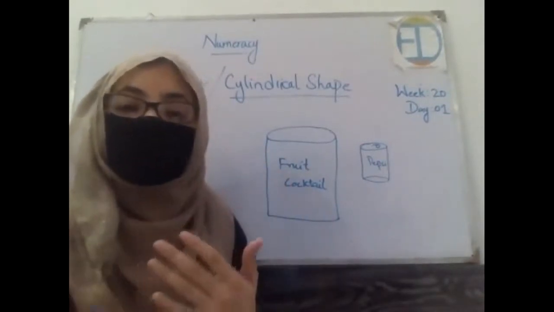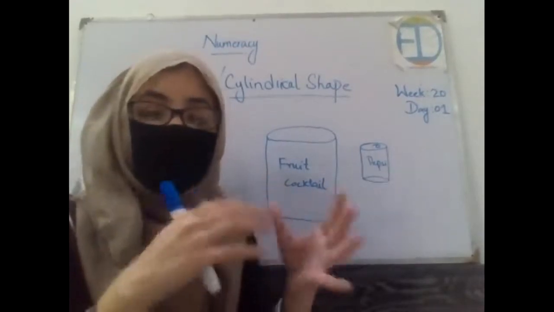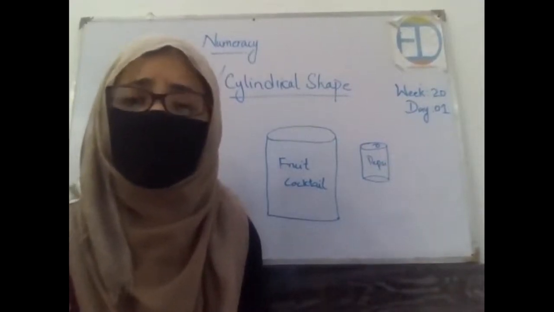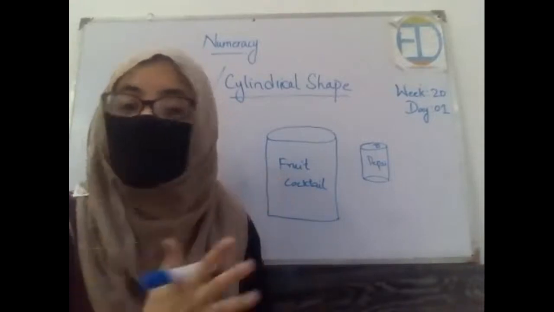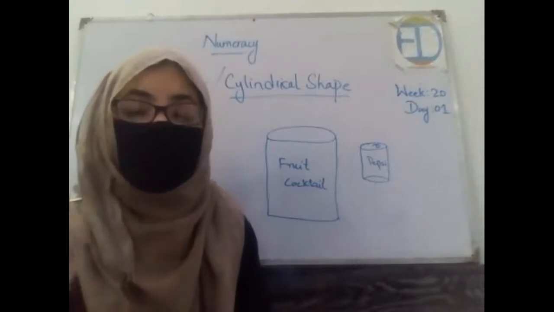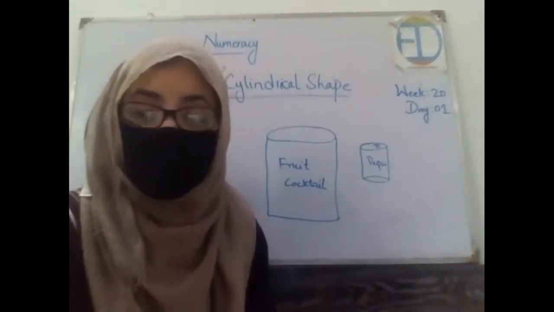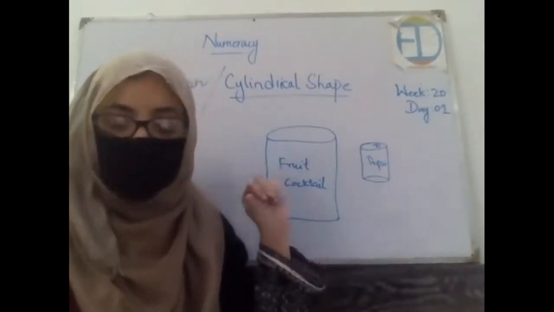We can call this a can shape or a cylindrical shape. So whenever somebody asks you to identify the can shape objects in these pictures, you should know that cylindrical or the can shape, they are similar. So when somebody asks you to find out the cylindrical shape objects, this means that you are supposed to find this shape. Got it? Okay.